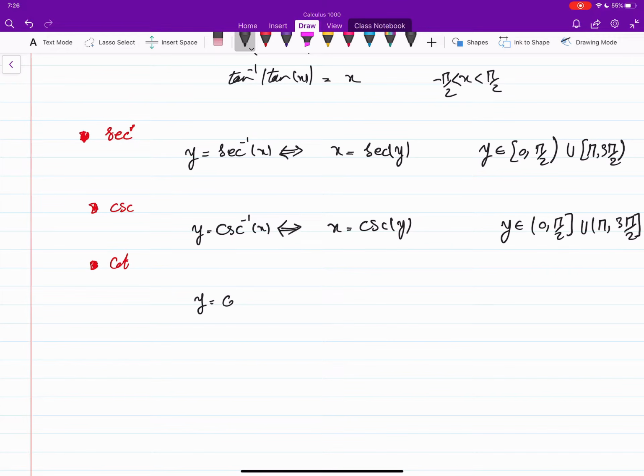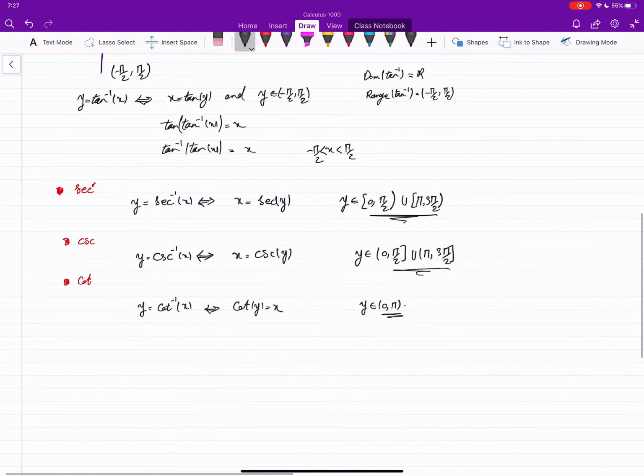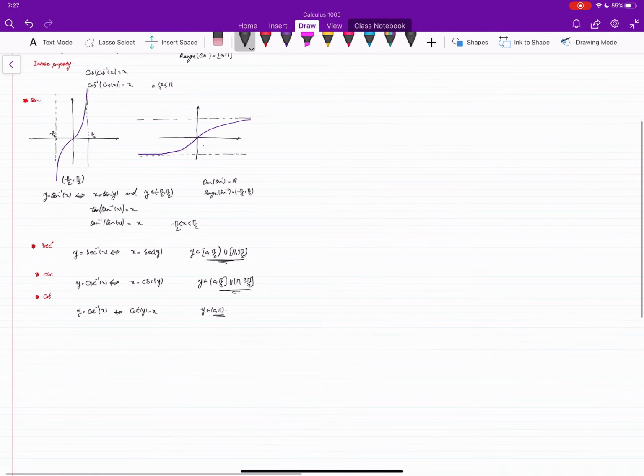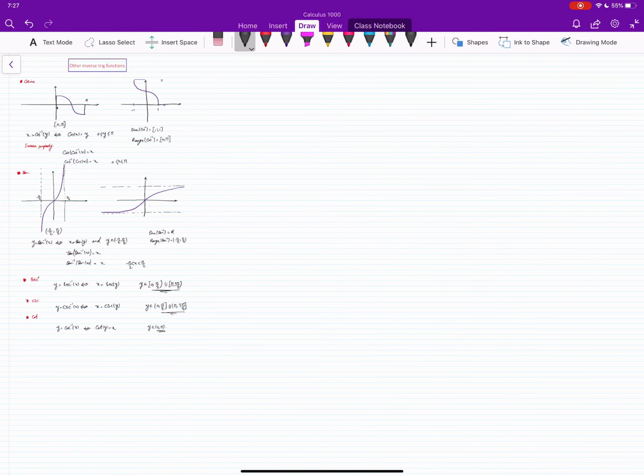For cotan inverse of x, cotan y is equal to x when y is between 0 and pi. So you have to know these. By the way, these intervals are going to be the range of the inverse function. You have to know these ones and use them when you need them. So then basically you have the list, and you have to be able to work with the values and do examples.